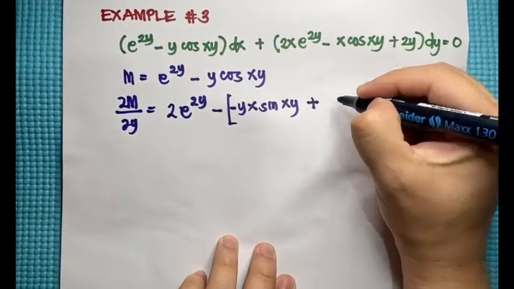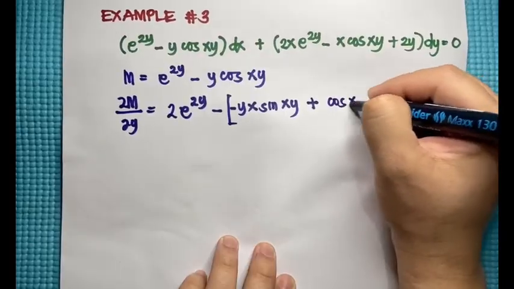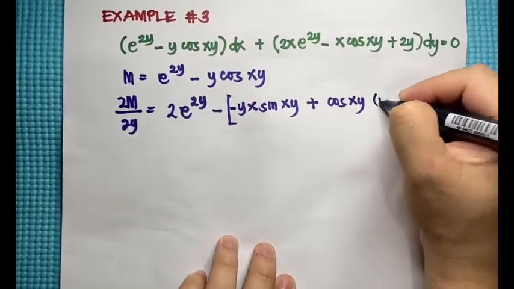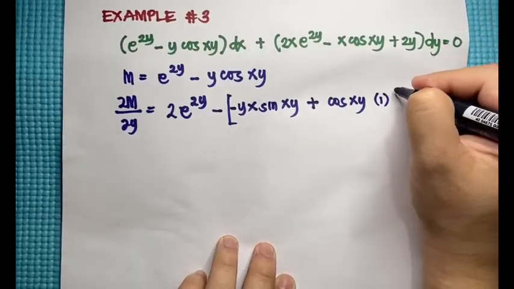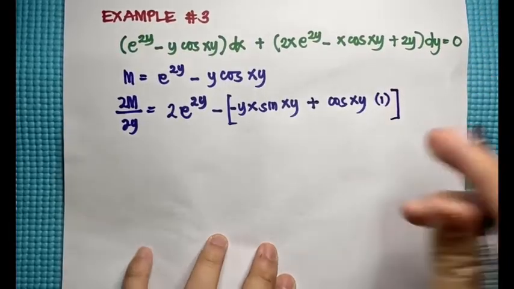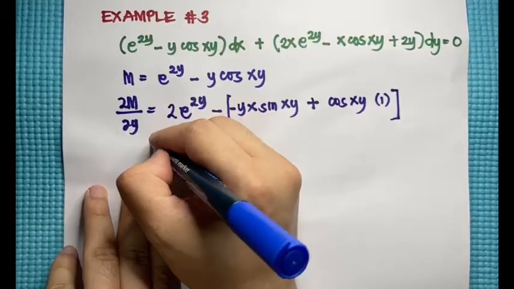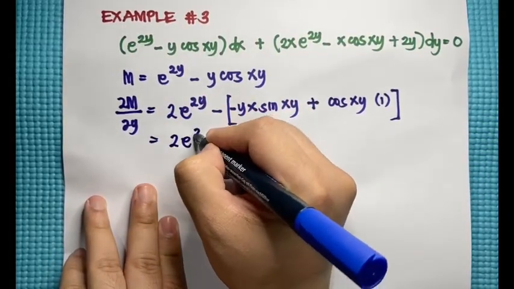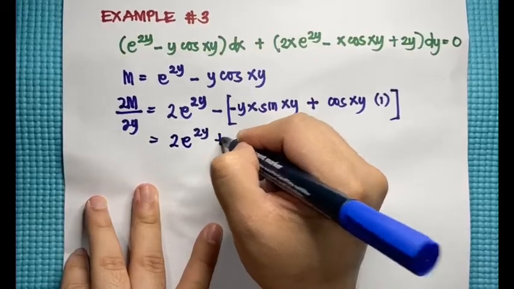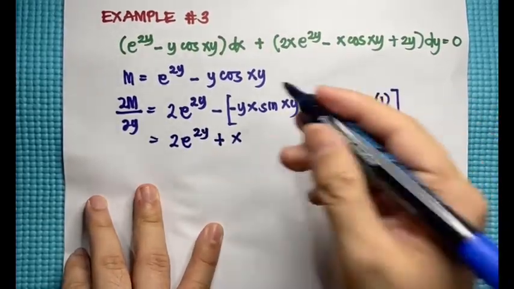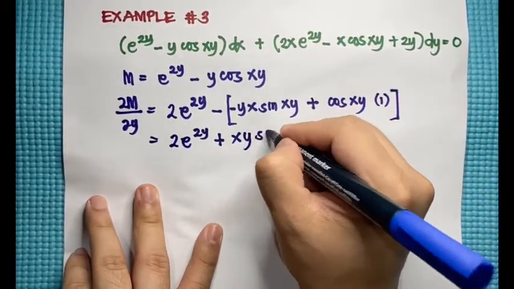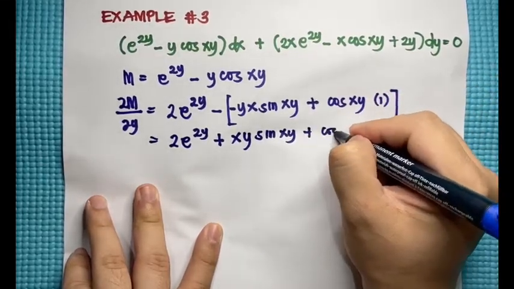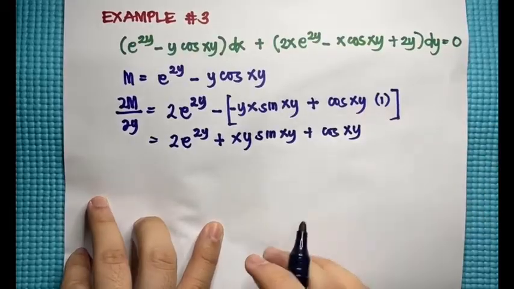So our v would be cosine xy, and then the derivative of y is equivalent to 1. So giving us the partial derivative of m with respect to y to be equal to 2e raised to 2y, plus, I'll be writing x first, xy sine xy, and then plus cosine xy.